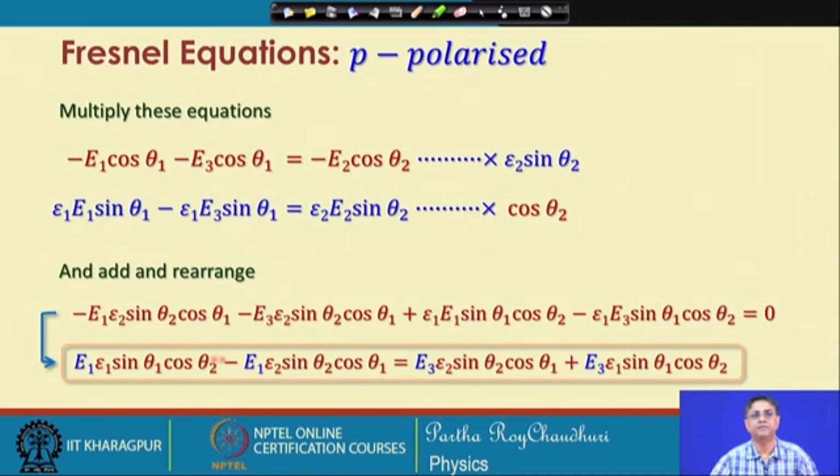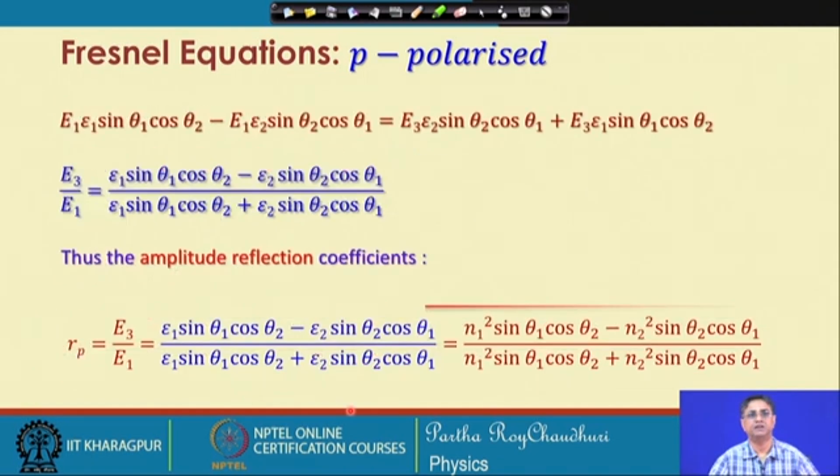So, from here, if we arrange it in a way that all the electric field E 1 terms are on the left hand side and E 3 terms are on the right hand side, then you can write in this form. We can take E 1 bracketed out from this expression.